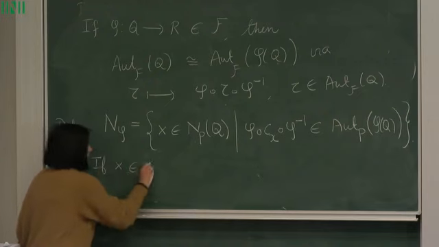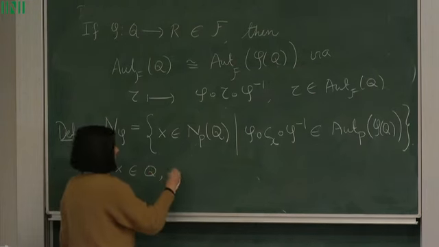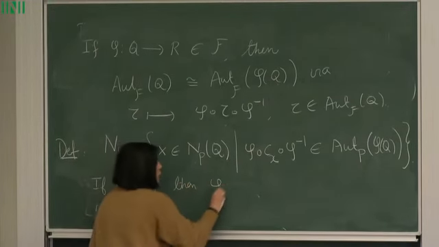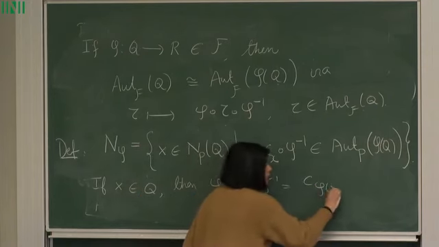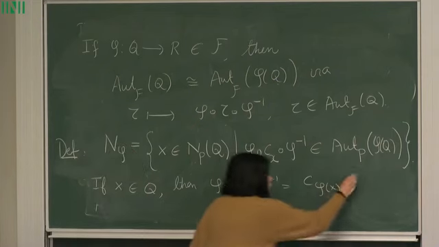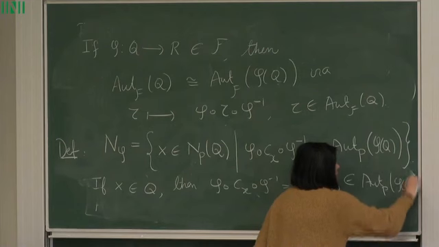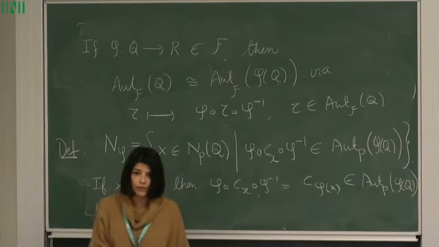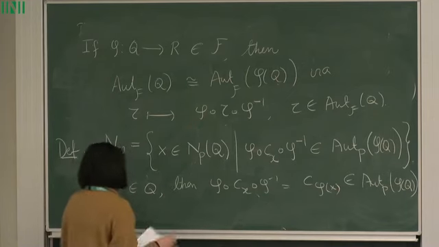if x belongs to Q itself, then certainly this is going to be satisfied. Then if you look at phi c_x phi inverse, well, that is just conjugation by phi(x). Okay, and that, of course, belongs to Aut_P of phi(Q), because it belongs to Aut_Q of phi(Q). Just a question of thinking about it for a second.